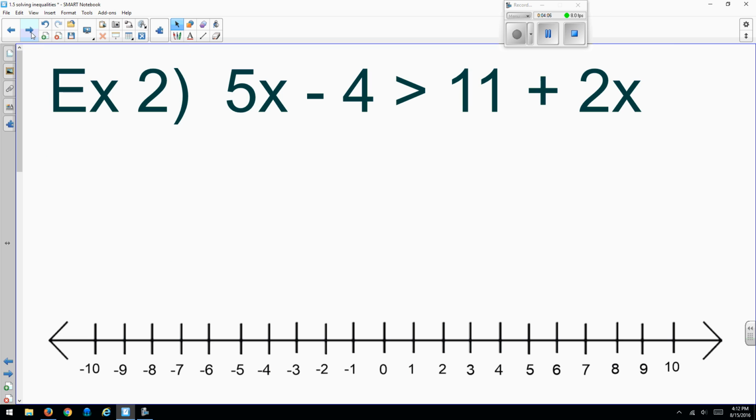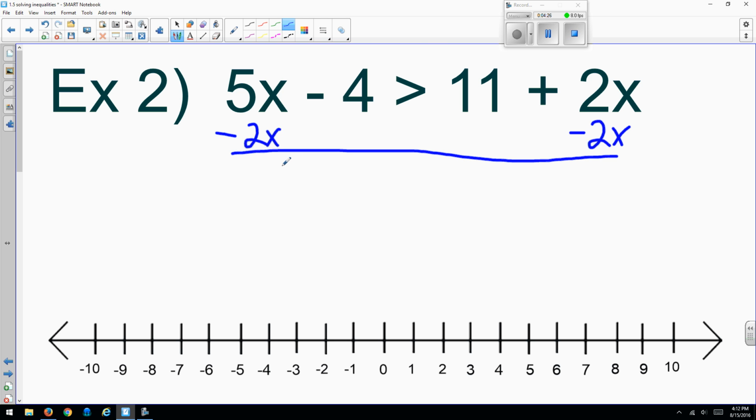Here's the next example. Don't forget, always pause if you need to during these videos. So here's example 2. So I'm going to solve this just like a regular equation. I'm going to go ahead and subtract 2x from both sides. So I have 3x minus 4 is greater than 11.